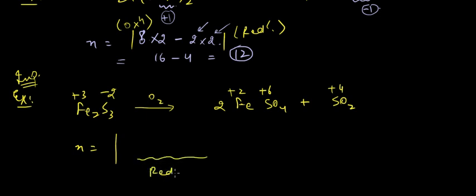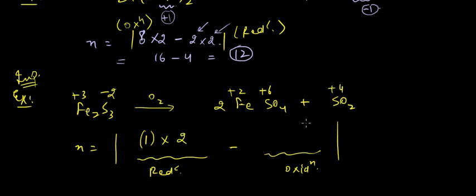First I am writing the reduction step, minus the oxidation step, and taking the mod of the difference. In reduction we are going from Fe +3 to Fe +2, so the number of moles of electrons gained by Fe is 1, and the number of moles of Fe present in the compound is 2.